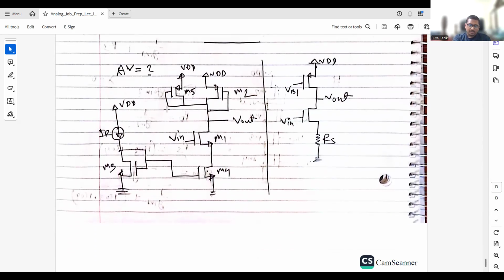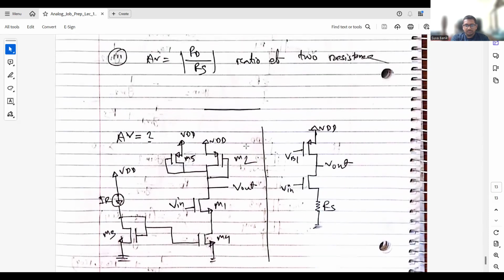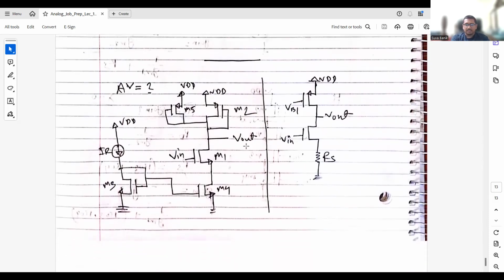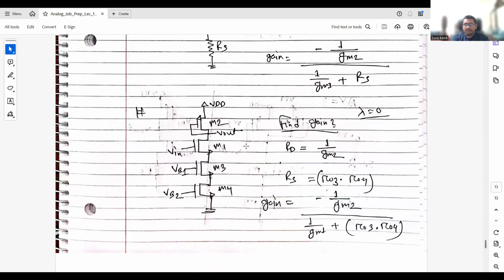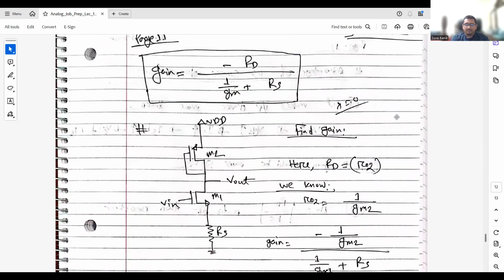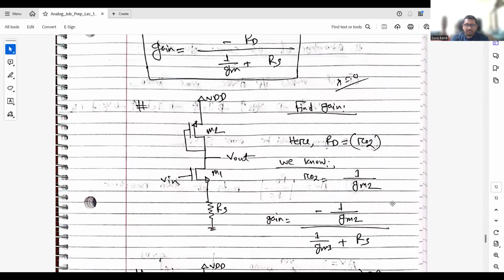You can see the right circuit is a more realistic circuit, with diode connected PMOS and source degeneration. It's a biasing circuit, whatever. So it's really good practice if you are able to find the output resistance and gain of this circuit. Then it's clear that you understood this lecture carefully and your valuable time was not wasted.